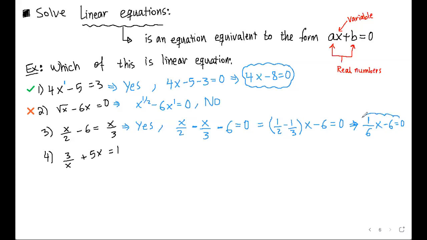This is equivalent to ax plus b equals 0, so this is linear.